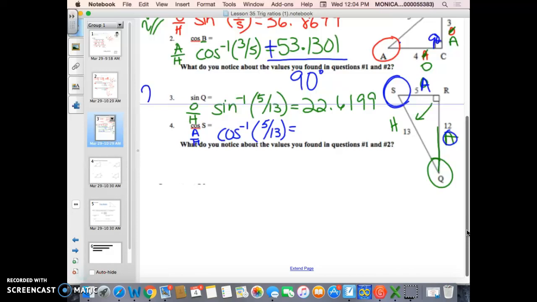So again, don't forget to use that second button. You should get 67.3801. And you'll notice if you add these together, you should get 90 degrees. Because all 3 angles in the right triangle should equal 90.